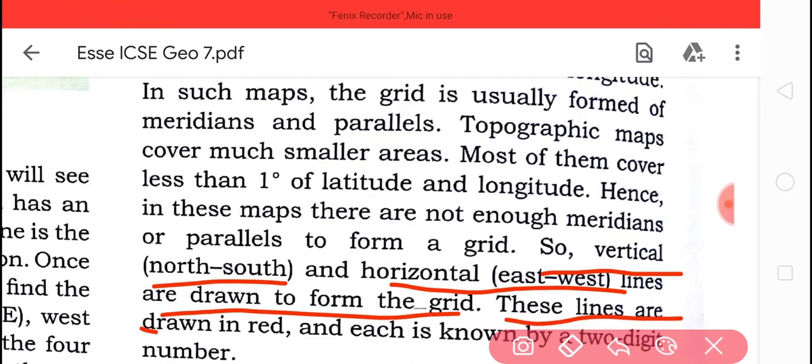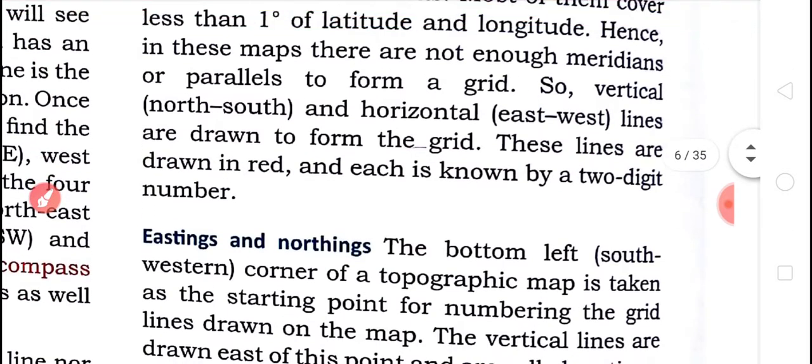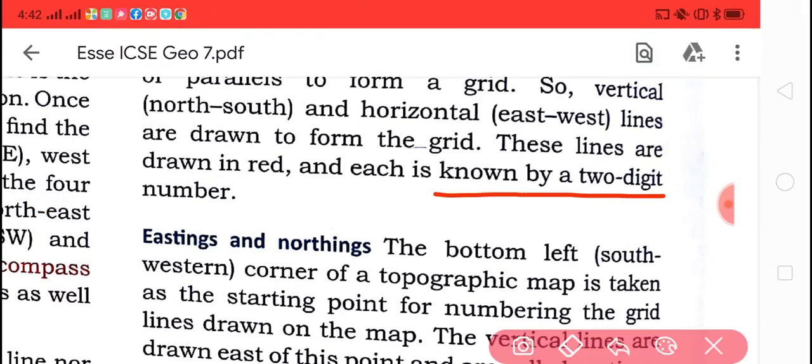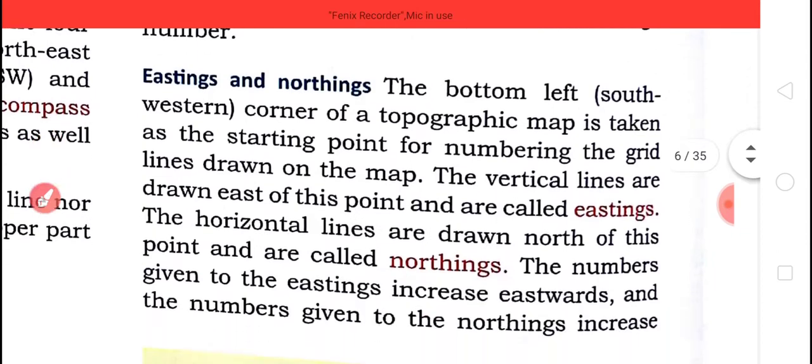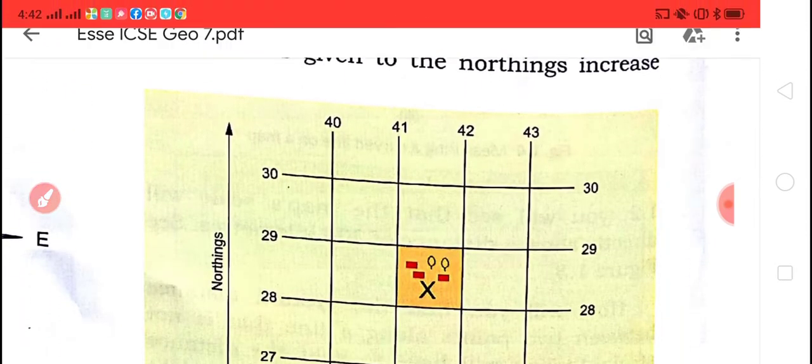These lines are drawn in red color and are known by the 2-digit number. Now see on the picture, you will find a grid. This is a grid or a cell.